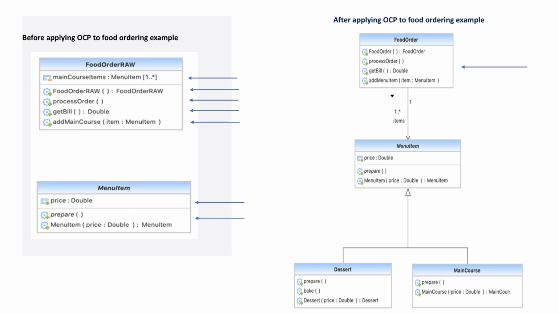The food ordering class will just add all the menu items and publish the final bill. So without violating the OCP principle, the entire application can work fine. Even if any soup or beverages need to be added, they can extend the MenuItem abstract class, and the food ordering class will just add those using the add menu item method and publish the final bill.